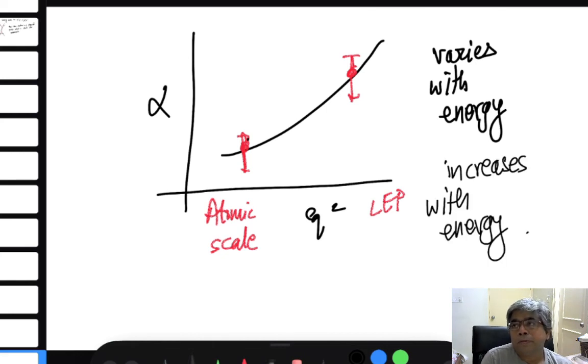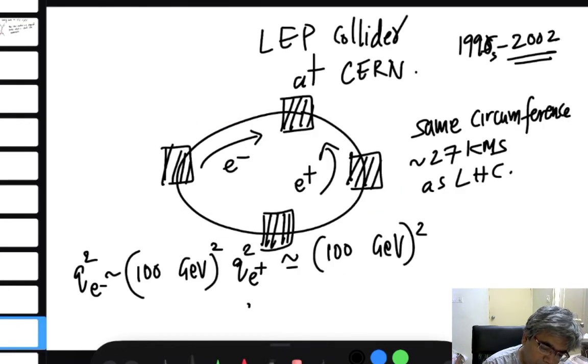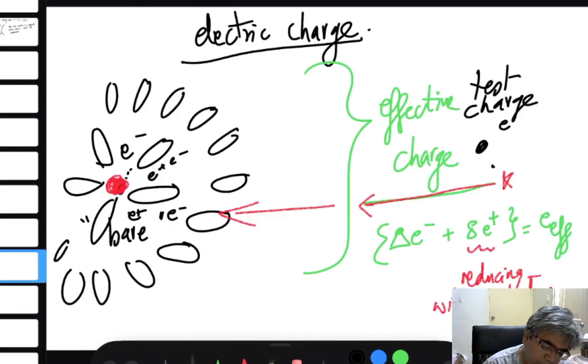So this is the importance of renormalizability and higher order corrections in quantum field theories, and in particular the case of quantum electrodynamics.